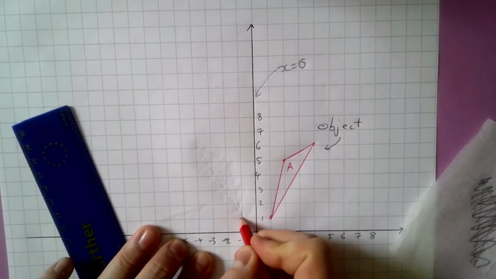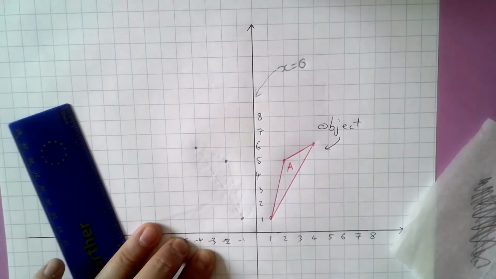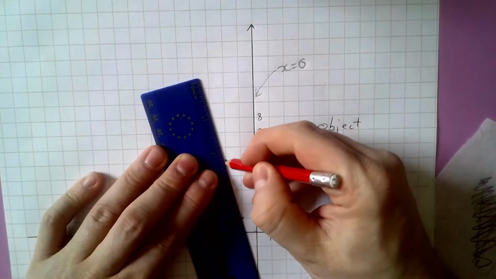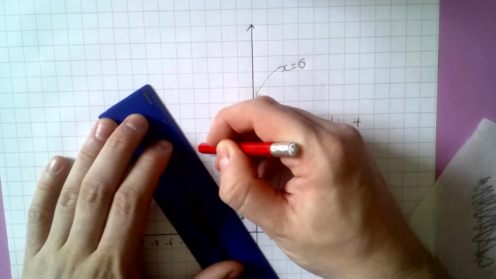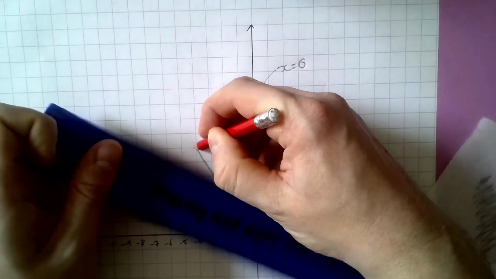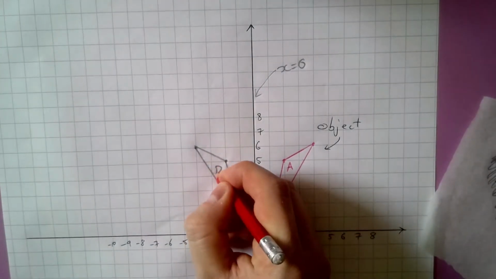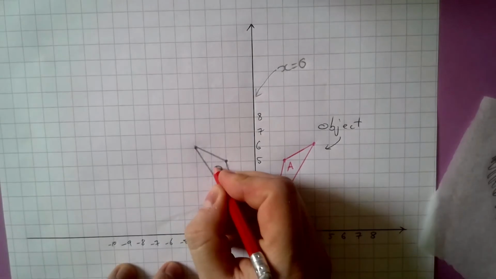Now I can then be perfect and say, well, it's going to be on these corners, it's going to be on that corner, it's going to be on that corner, and then draw the image. And label it as requested, D. No, E.